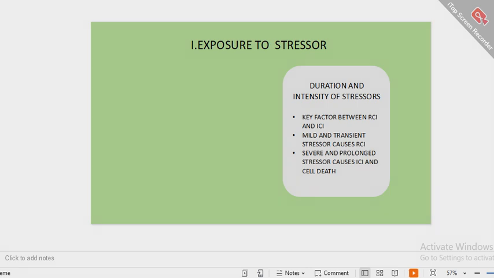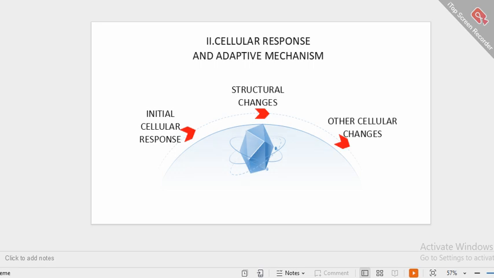Once the exposure, the nature, duration and intensity of the stressor are there, second is the cellular response and adaptive mechanism. This is divided again into 3 sub-stages.